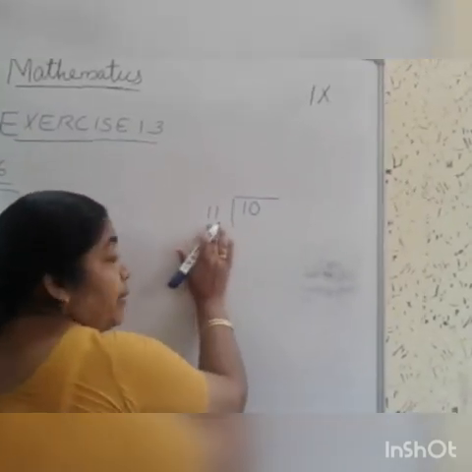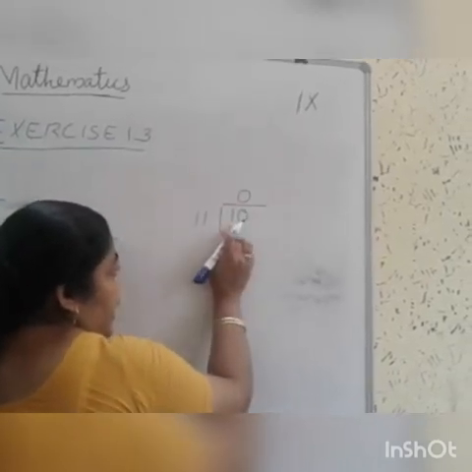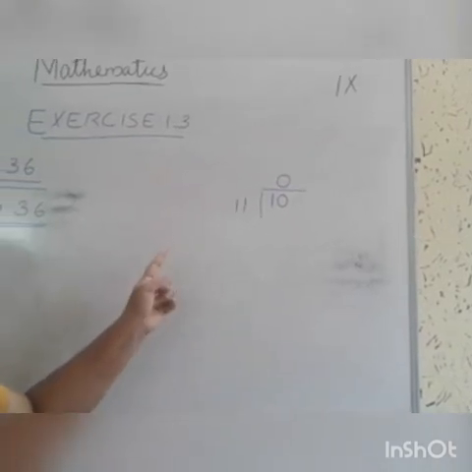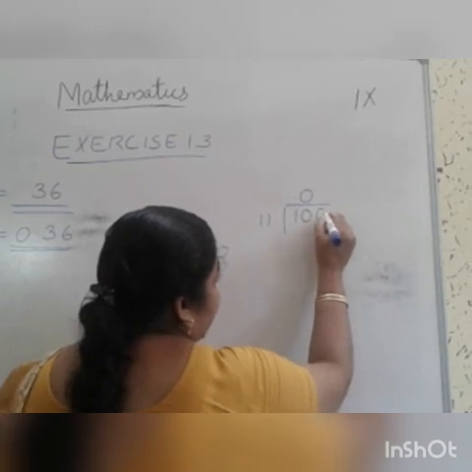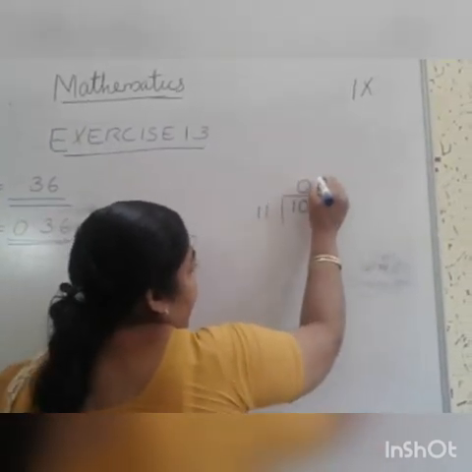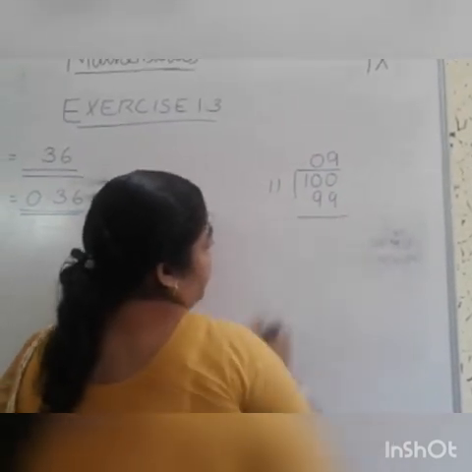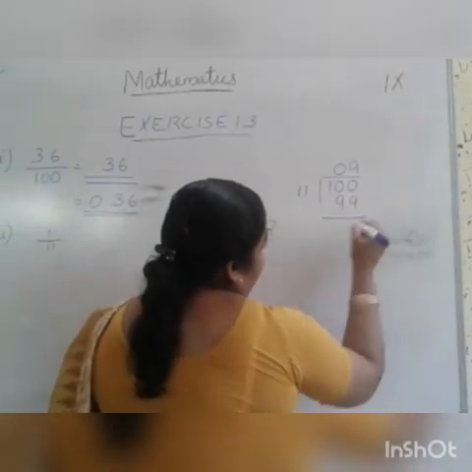In 10, how many 11s are there? 0. In 10 is there 11? No. So we write 0 in the quotient. Then we write one more 0. In 100, how many 11s are there? 9. 9 11s are 99. Is it clear?